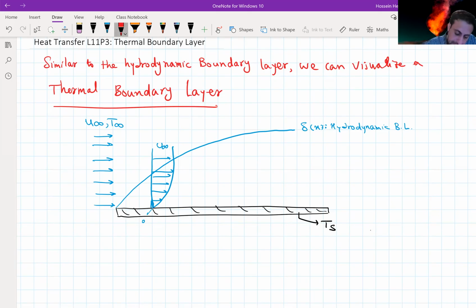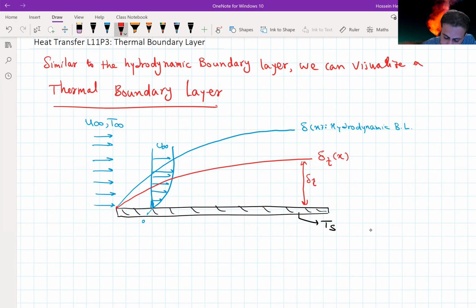Now for the temperature, it depends on the properties of the fluid. We will develop a similar boundary layer as a thermal boundary layer, which can grow faster than the hydrodynamic or slower than or at the same rate. But let's assume here this shows delta T of x.